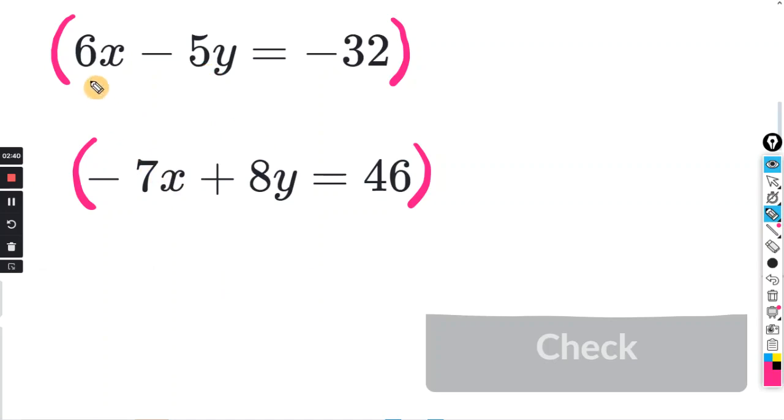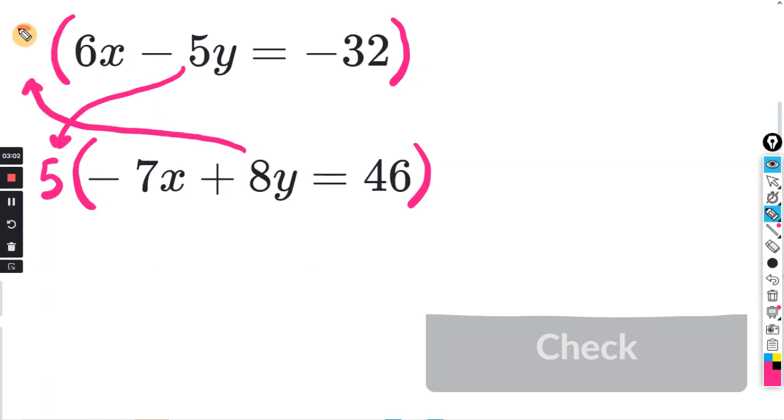Here we have 6 and 7, here we have 5 and 8. I'm going to go with 5 and 8. You can use either one. But what I'm going to do, and again, don't worry about plus or minus, I'm going to take the 5 and put it right there. And now you crisscross, you take the 8 and you put it right there.